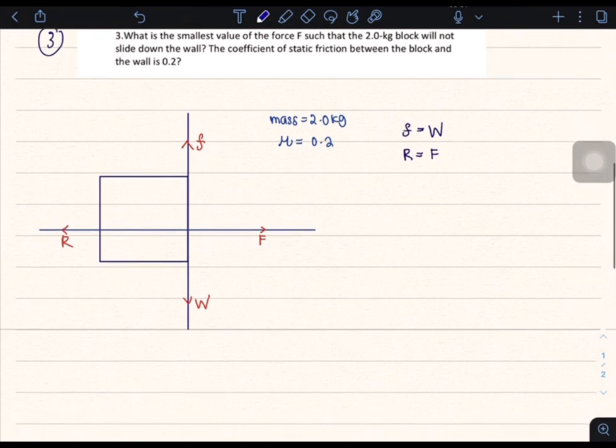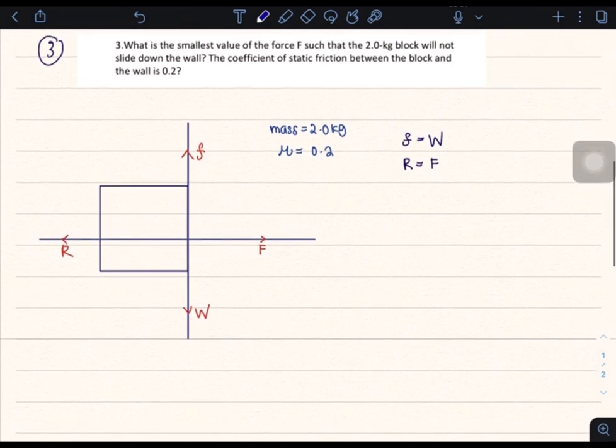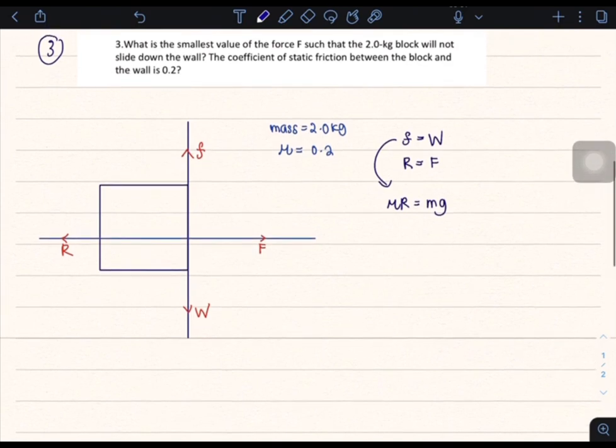And as we know, we want to find the force. Therefore, we will use this one, which is mu R equals to mg, and we will substitute the value of mu 0.2 and also R, where we want to find the value of it since it is the same as F, and also the mass of the block and the gravity 9.8.